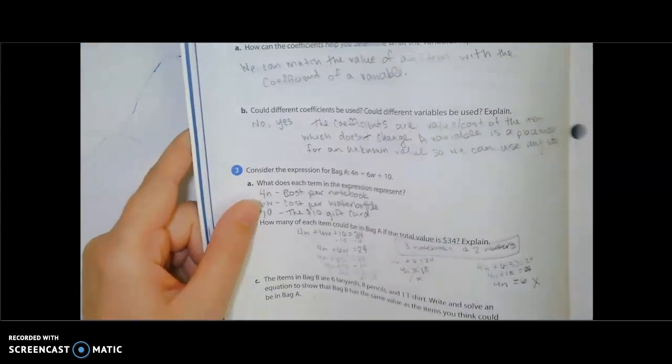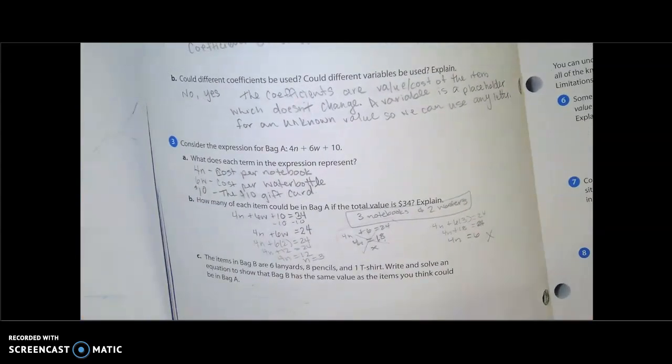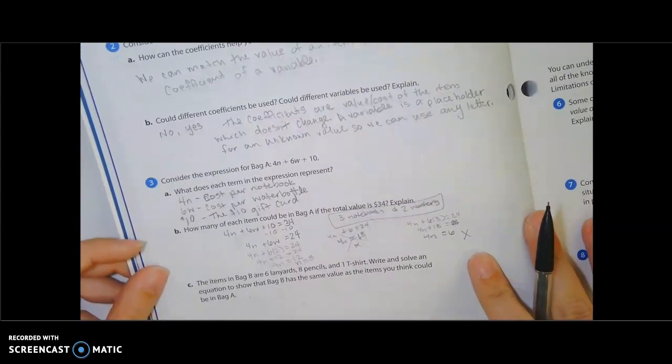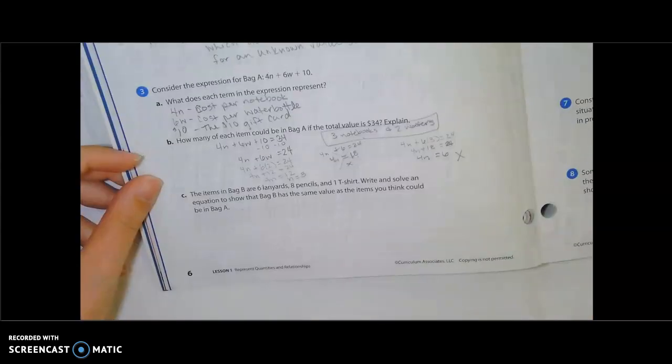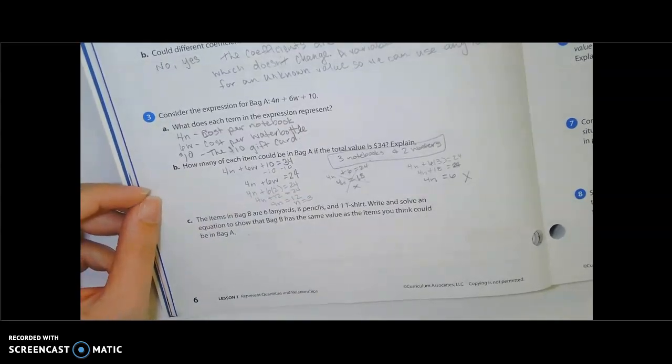This next part says, adjust some things so that the notebook is in view. The items in bag B are 6 lanyards, 8 pencils, and 1 t-shirt.